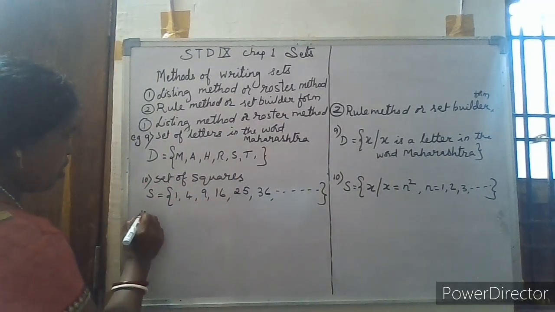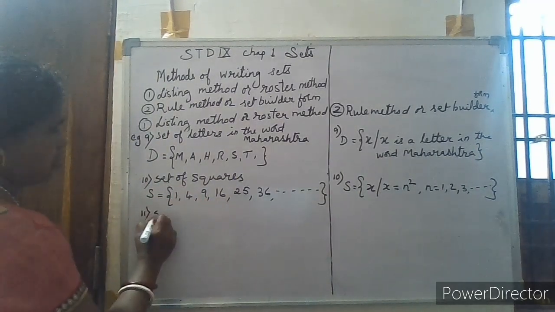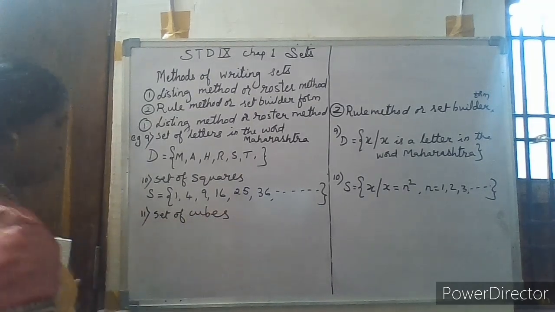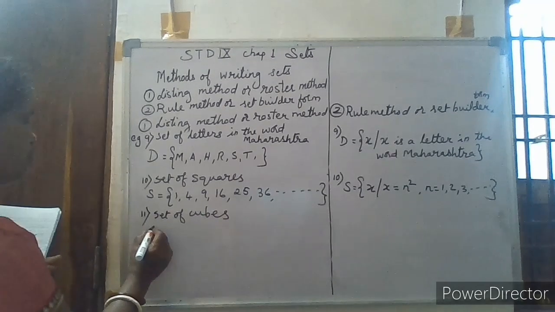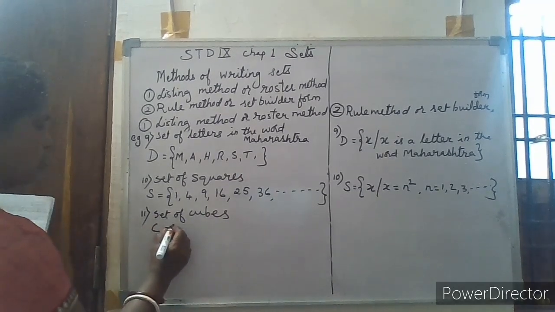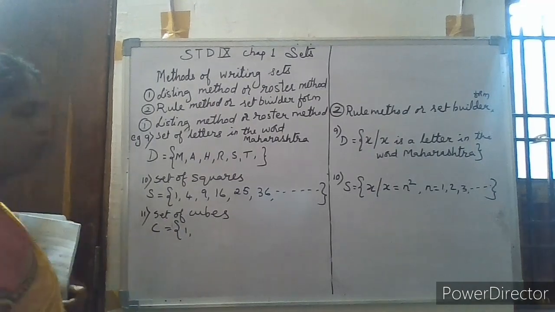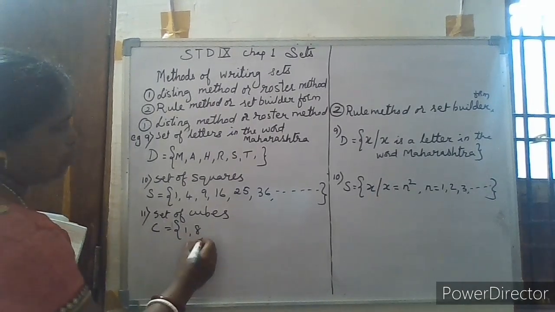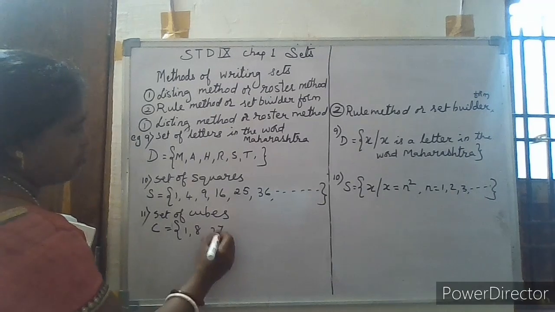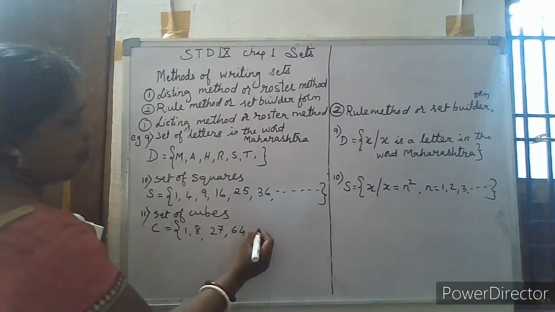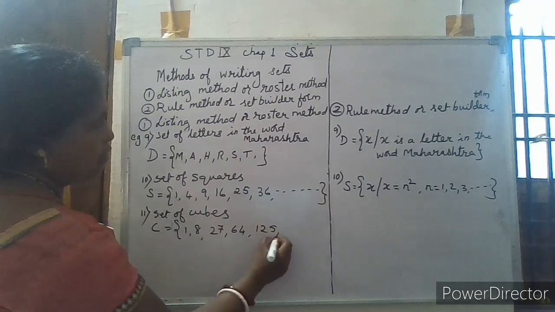Now 11th question, set of cubes. Again, set of cubes: 1 cube is 1 only, 2 cube is 8, 3 cube is 27, 4 cube is 64, 5 cube is 125 and so on.